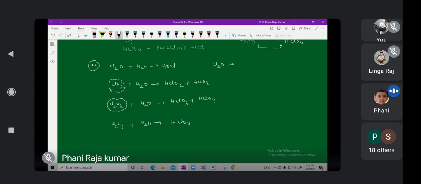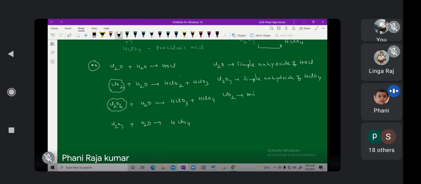Cl2O is called the simple anhydride of HOCl. Cl2O7 also is the simple anhydride of HClO4.